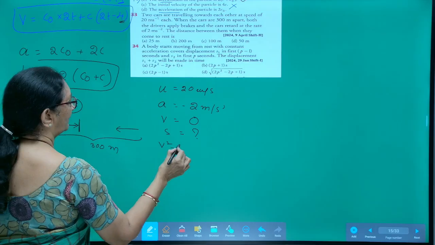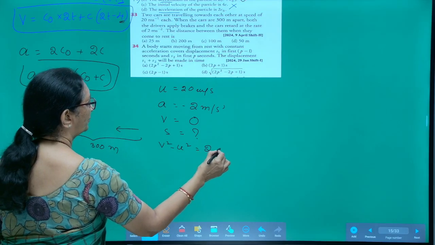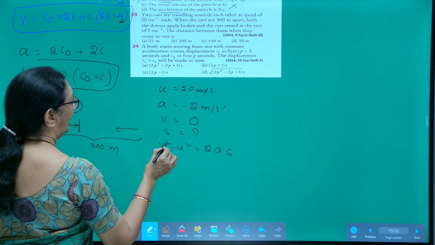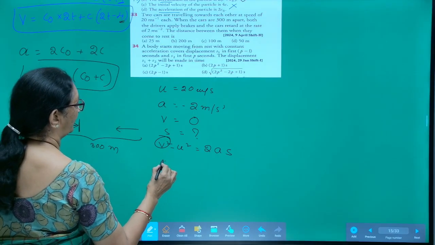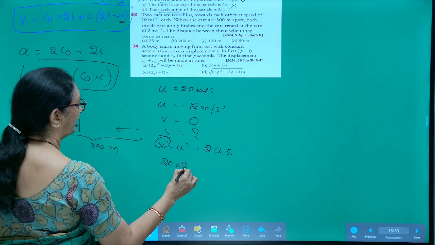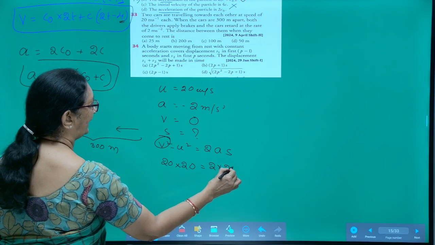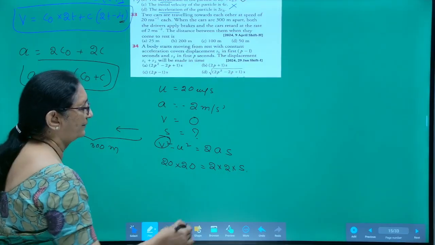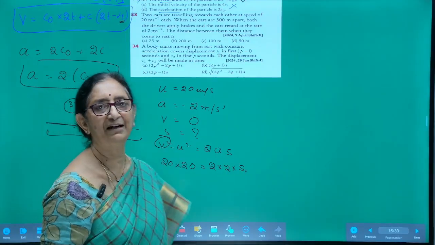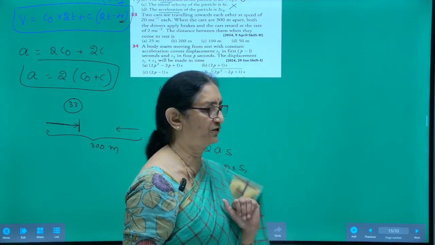As v square minus u square is 2as, and the final velocity is 0, 20 into 20 is equal to 2 into a into s1. That is the distance traveled by the first car before it stops.